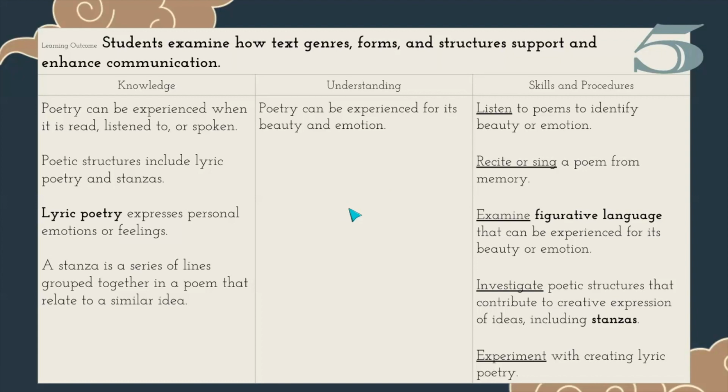We're going to look at some figurative language. We're going to look at poetic structures, including stanzas. And again, they're going to experiment with creating a lyric poem. That doesn't mean it has to be a masterpiece. They just have to give it a whirl.